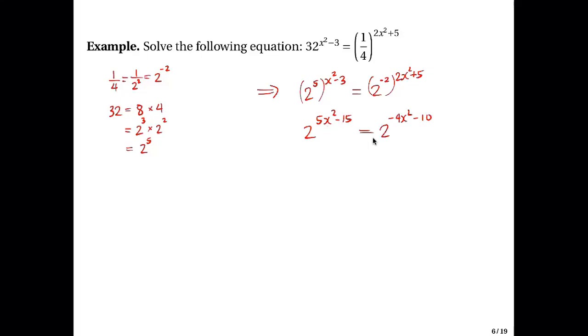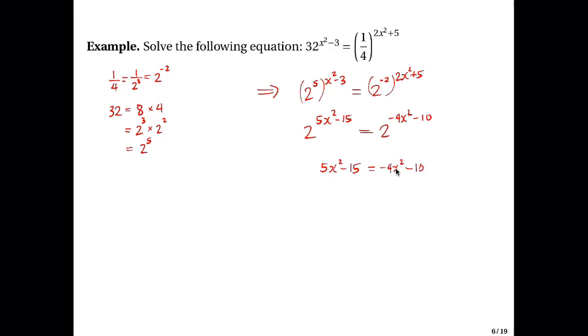And then now we have the same base. We use the property that we recalled earlier, so we just equate exponents. 5x squared minus 15 must be equal to minus 4x squared minus 10. So we solve for x.